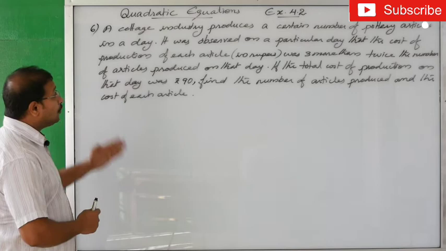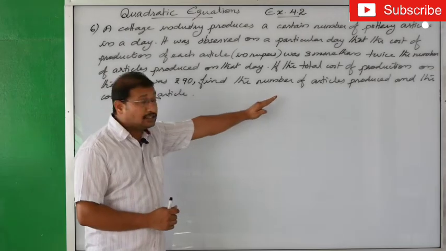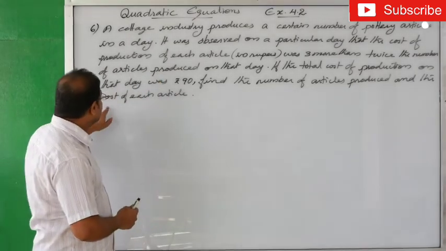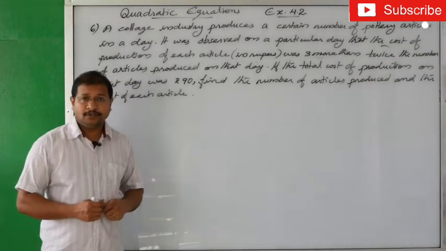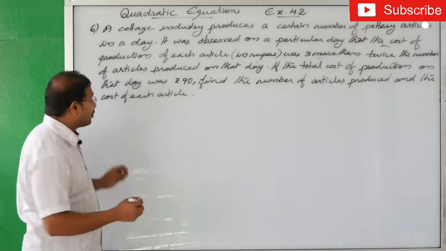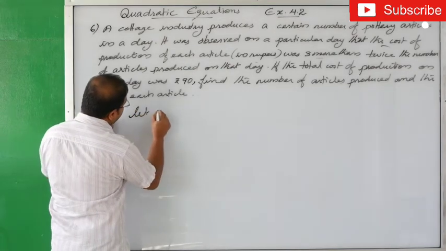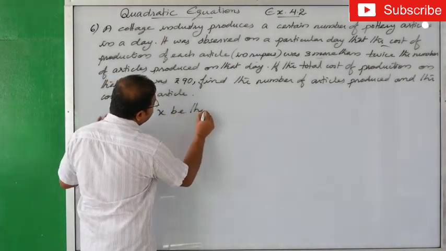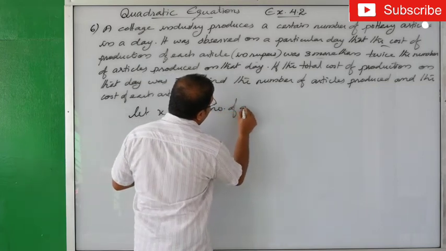Ready? So what do you want? You want the number of articles produced and the cost of each article. So from this question, what will you take? First you will take, let x be the number of articles.